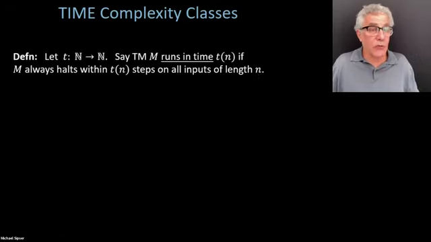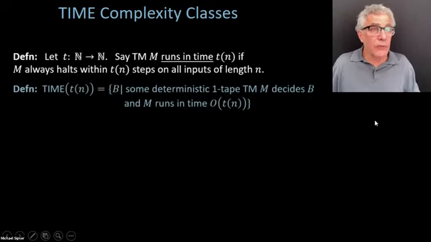Then we'll say that the machine runs in t of n time. In other words, if the machine runs in n squared time, then when you give it an input of length 10, it's guaranteed to halt within 10 squared, 100 steps, on every input of length 10. That's what it means for the machine to be running in that much time, and it has to do that for every n, for every input length.